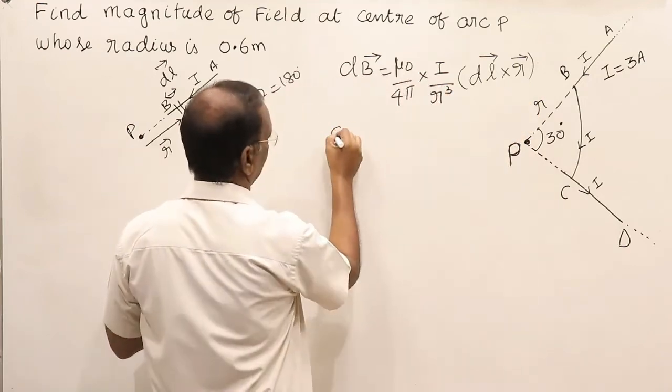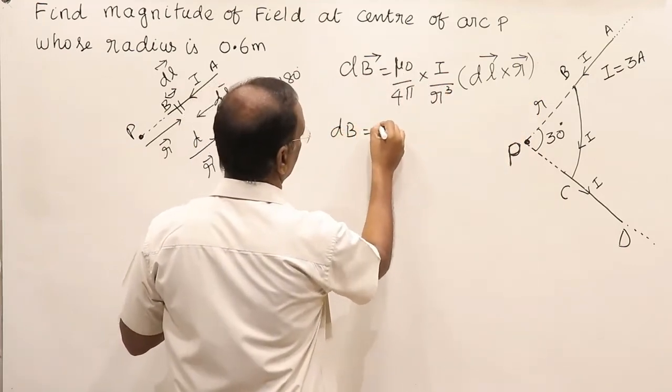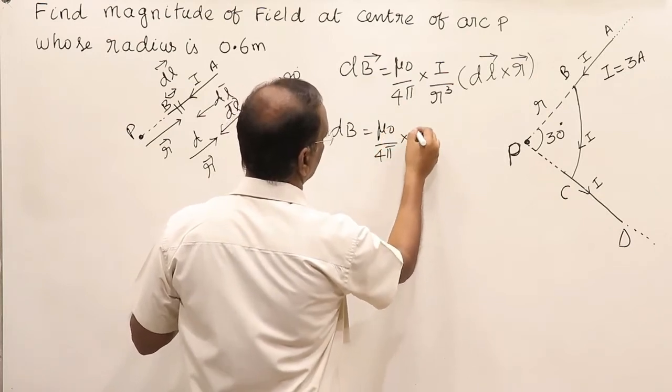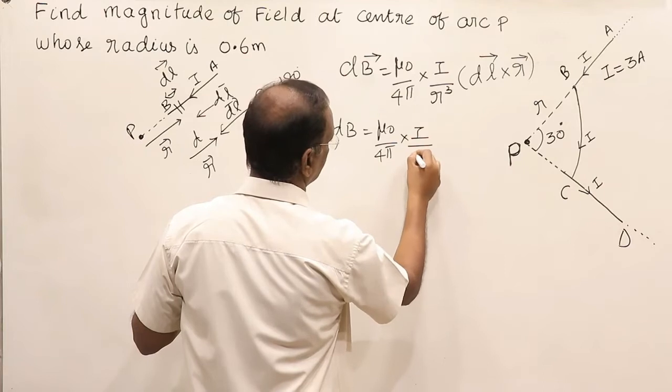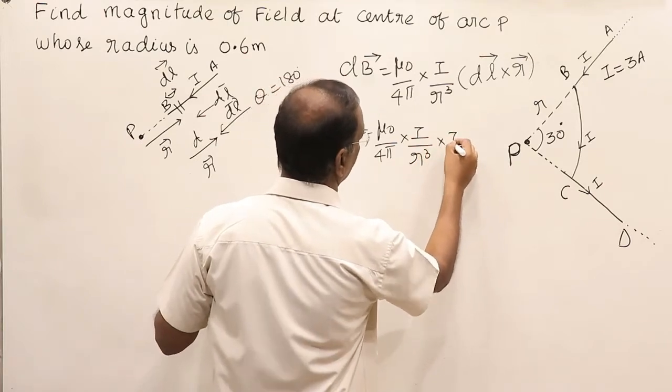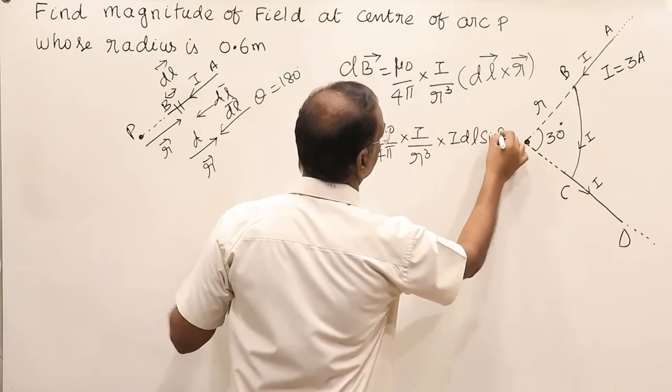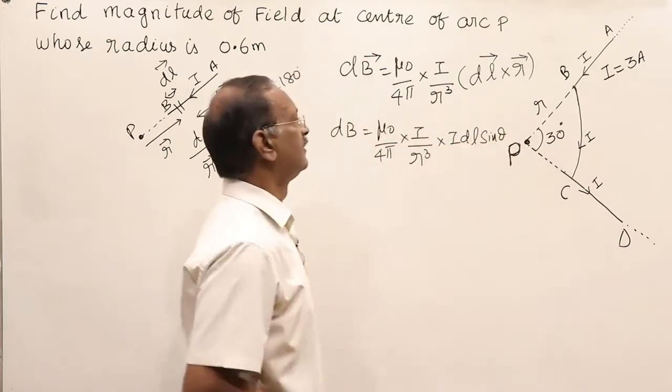By the Biot-Savart law we can write this also as mu naught by 4 pi into I by R cube into I dl into sin theta, on expanding the cross product.